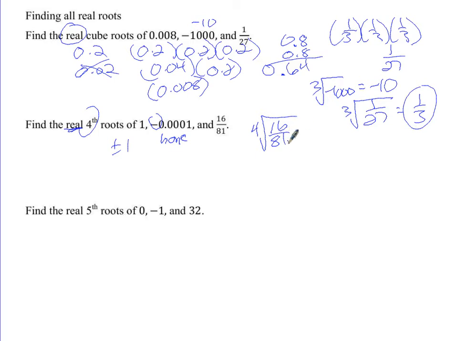What is that? And I'm looking for a number times itself 4 times that gives me 81. What is that? 3. So we get 2/3. But remember, this is an even root. So I'm actually getting plus or minus 2/3. Now, a lot of the time, we're just going to take the principal root, the positive case. But for now, we need to talk about both of those possible roots.